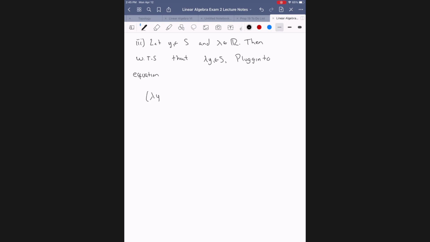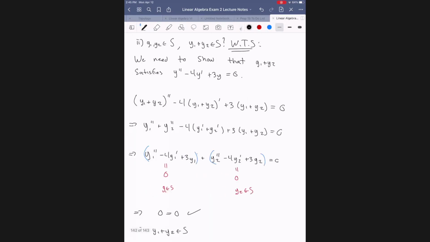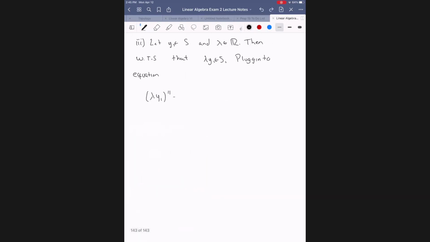So lambda y1 double prime minus 4 lambda y1 prime plus 3 lambda y1 equals 0. This is just going to be lambda y1'' minus 4 lambda y1' plus 3 lambda y1 is equal to 0. So what can I do after this?